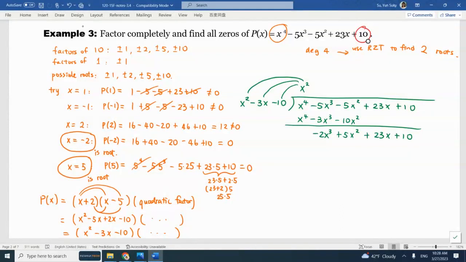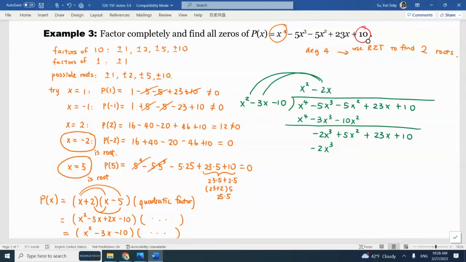Okay, Jackson. What multiplied by x squared gives negative 2x cubed? Minus 2x. So minus 2x times x squared is negative 2x cubed. Negative 2x times negative 3x. We use this term to multiply by all these three terms, right?